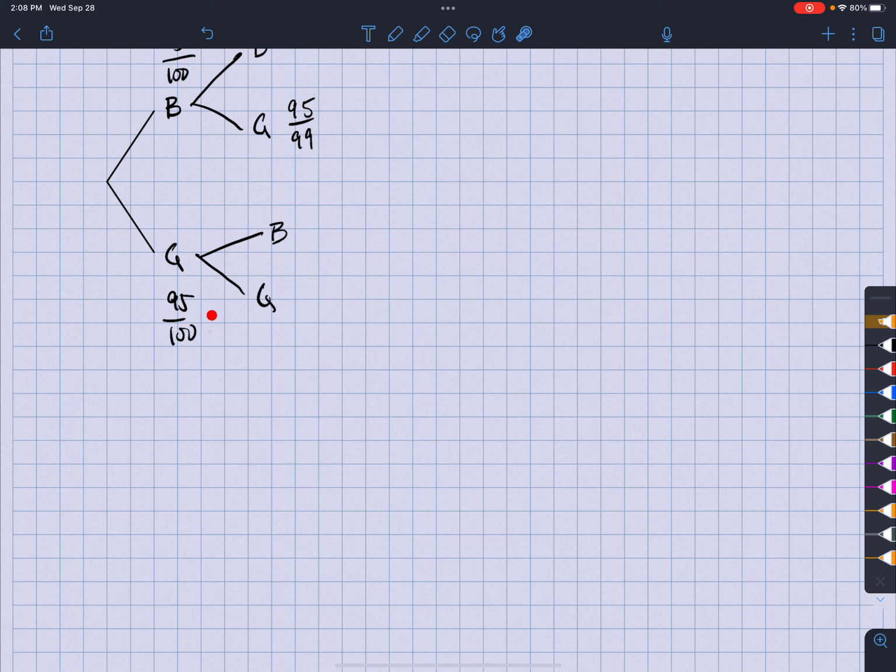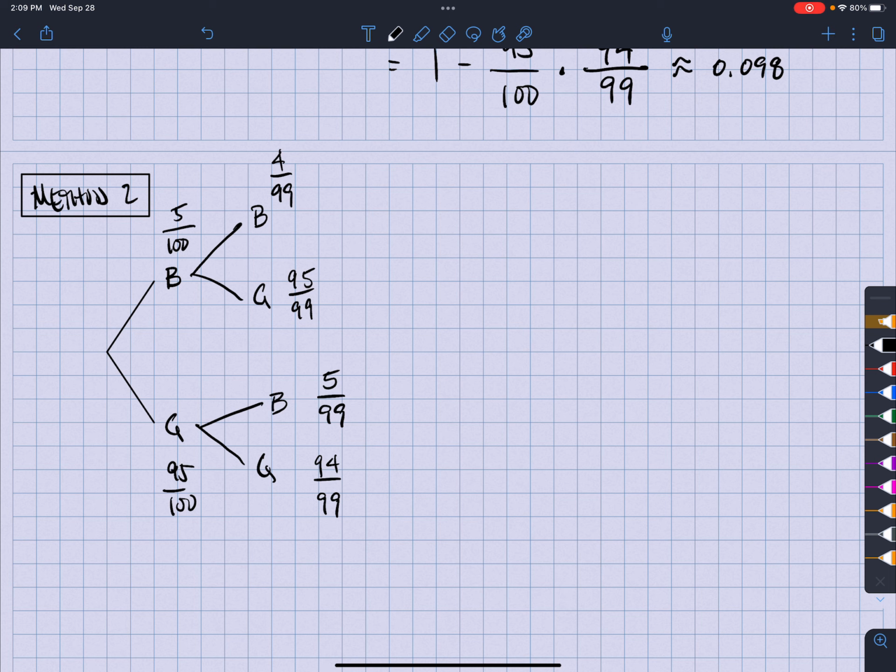So if the first one was good, you're still down to 99 circuits to pick from. But the first one was good, so all the bad ones are still there. Assuming the first one's good, there's still 5 bad ones in there, right? So this one here would still only have 99, but assuming the first one's good, I still have 94 of them that are good, okay?